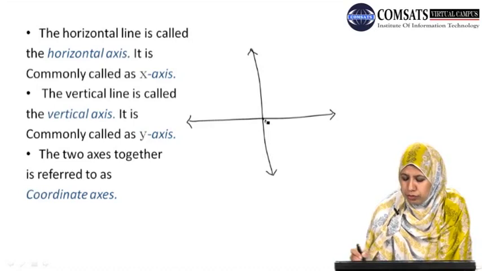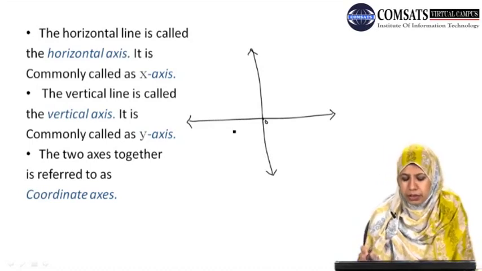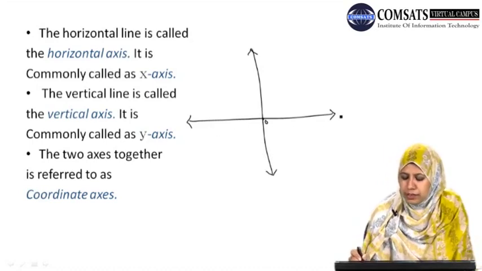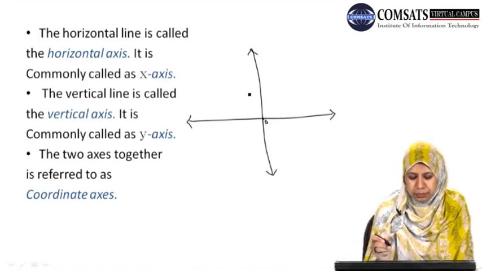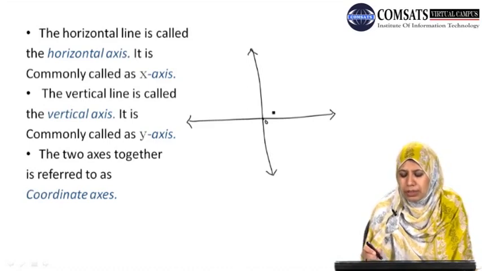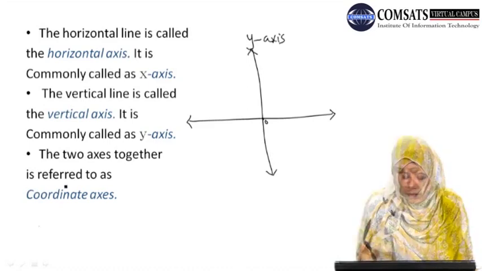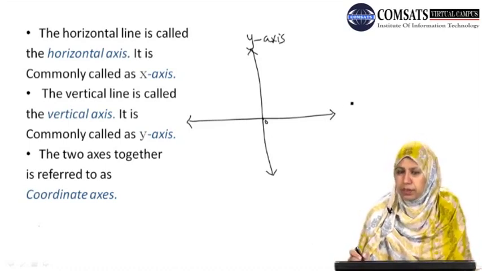So it is the 0 of our horizontal line and the 0 of our vertical line. The horizontal line has a particular name, the horizontal axis or x-axis, and the vertical line has also a name, the vertical axis, or commonly y-axis. So this is our y-axis and this is our x-axis.